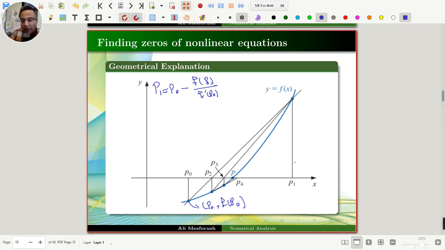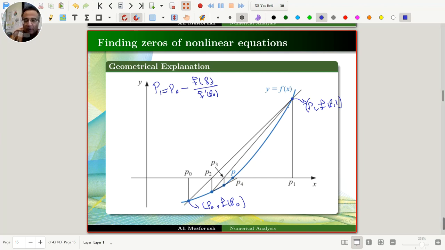So if we continue this line until it intersects the curve, we call it P1 and f of P1. Now if we write the equation of the line that passes through P0, f of P0 and P1, f of P1, we get this line.